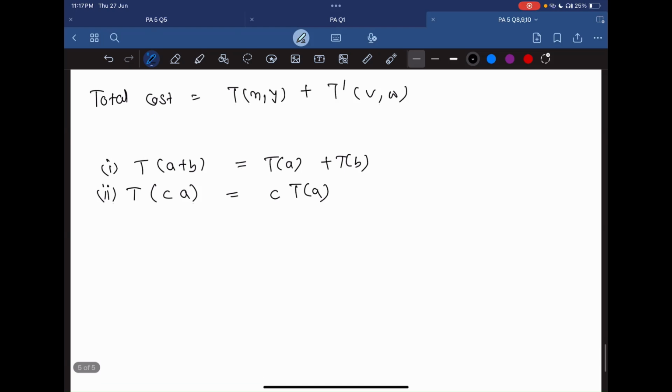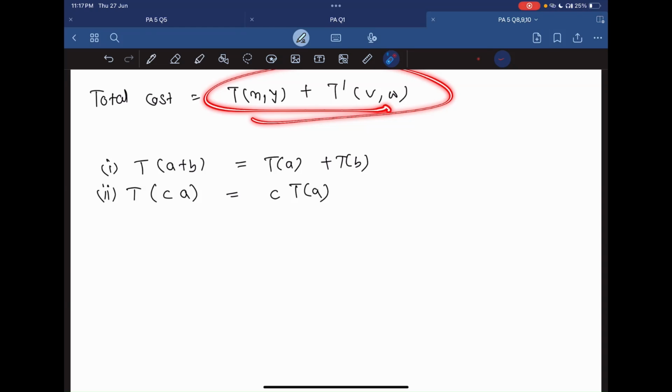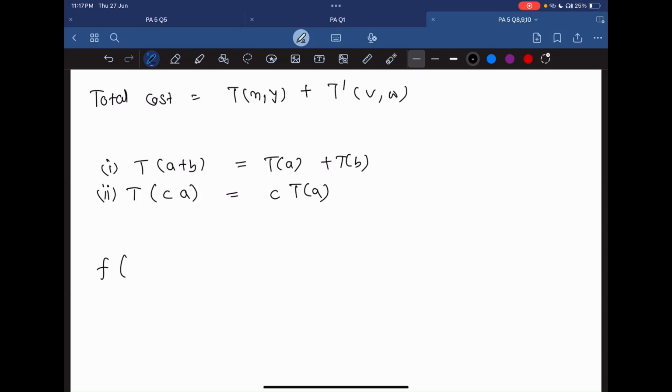So let's try checking these properties on this. So now this is a function of four variables. So let's denote this by some f of x, y, v, w equal to T of xy plus T dash of v comma w.